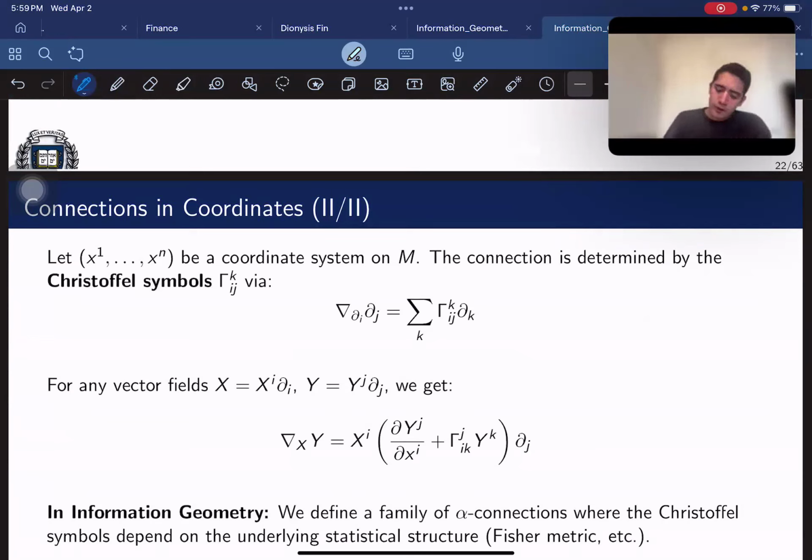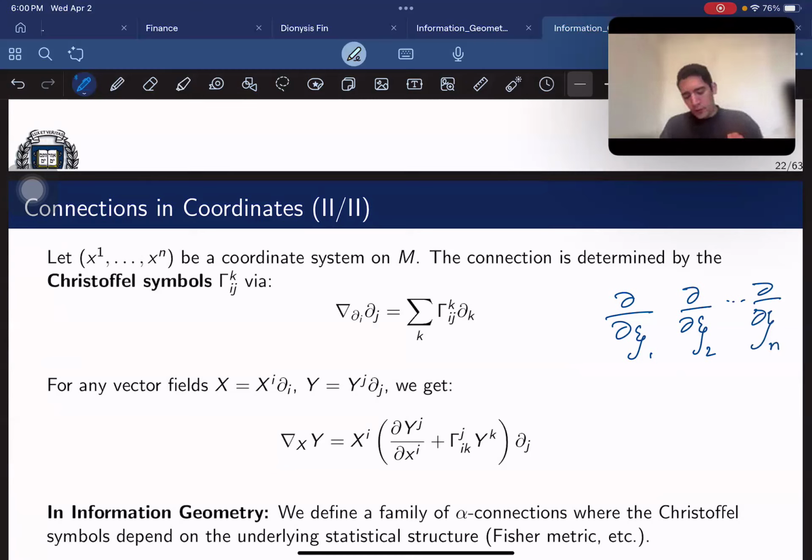So consider the basis we talked about, which was C1 till Cn. So I need to calculate the affine connection of changing the jth basis with respect to ith basis. And that is given by a linear function.